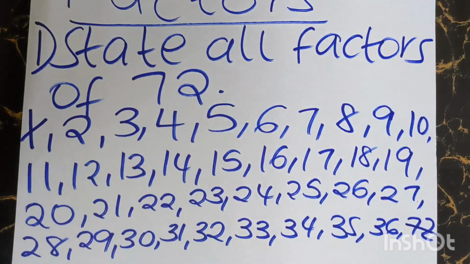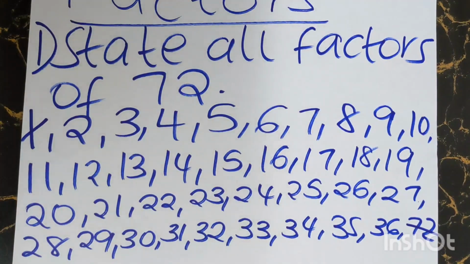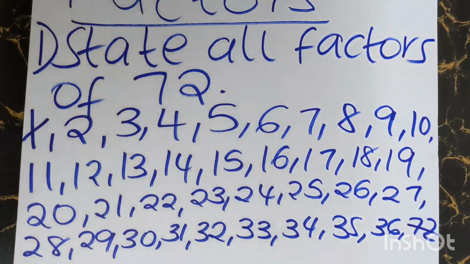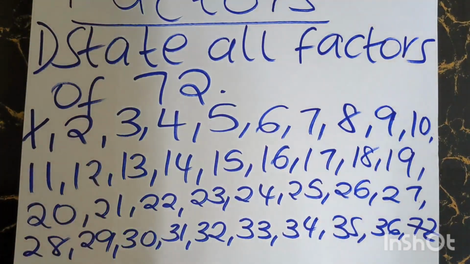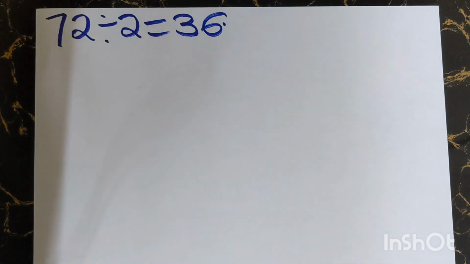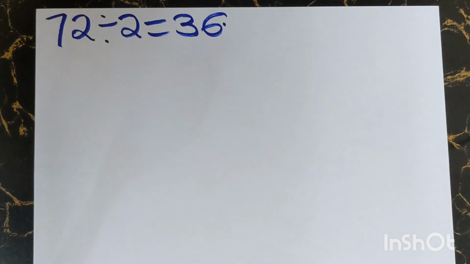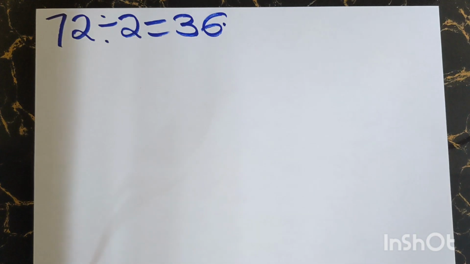Yes, the digit in the ones place of this number, which is 2, is an even number, okay? When you divide it using long division, you get 72 divided by 2 is 36. So that means that 36 is also a factor of 72 because 72 divided by 2 is 36, okay?